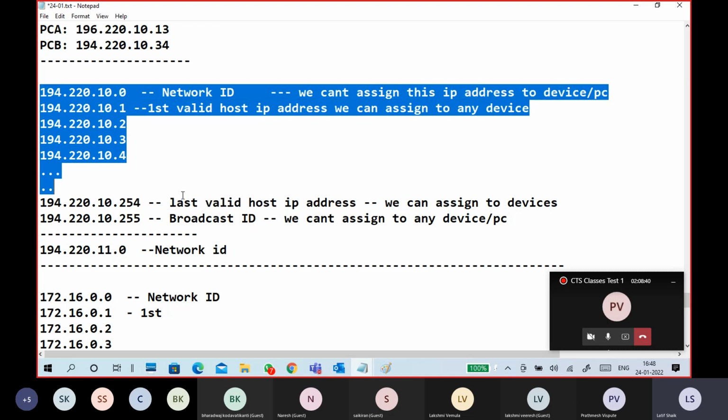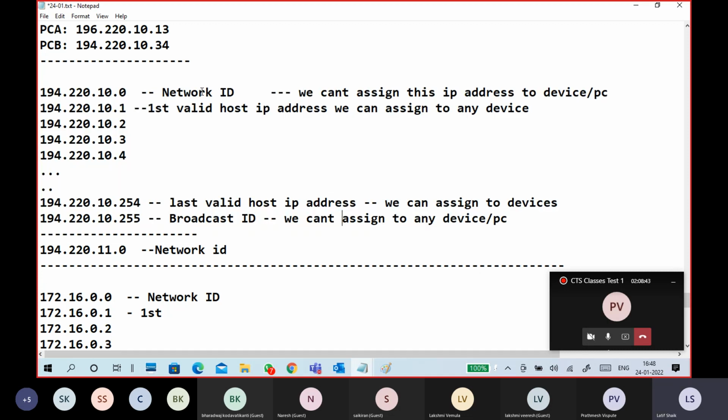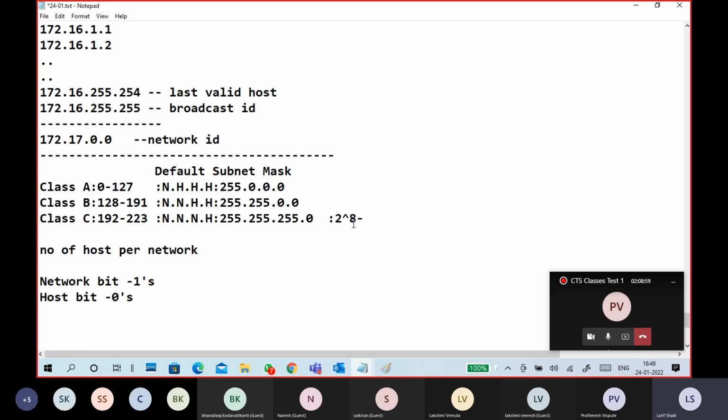So out of the total, two addresses we use but do not assign to any host. So that is minus 2. The total value is 256.